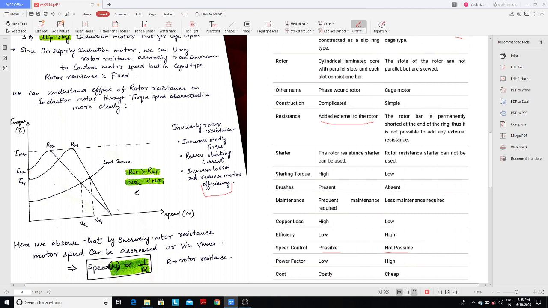Observe that NR2 is lesser than NR1, which means for higher resistance the speed is lower, so speed is inversely proportional to rotor resistance. Or we can say when we increase the rotor resistance, speed is decreased, or when we increase the speed, the rotor resistance will decrease.